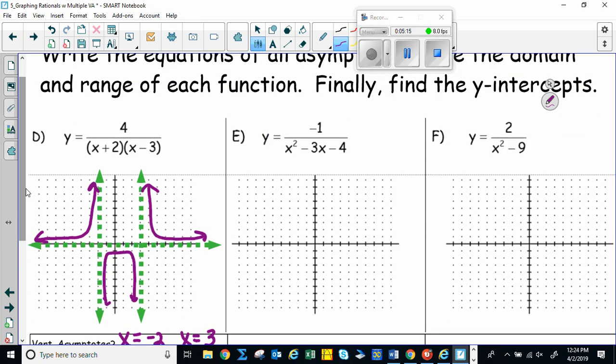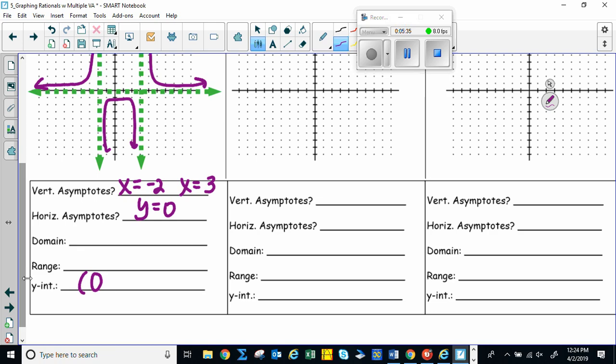So I'm going to go to my original equation here, and I'm going to put a 0 in place of both of those x's. So I have 4 over 2 times negative 3. So 4 over negative 6. So that reduces to negative 2/3, right? So 0 comma negative 2/3.